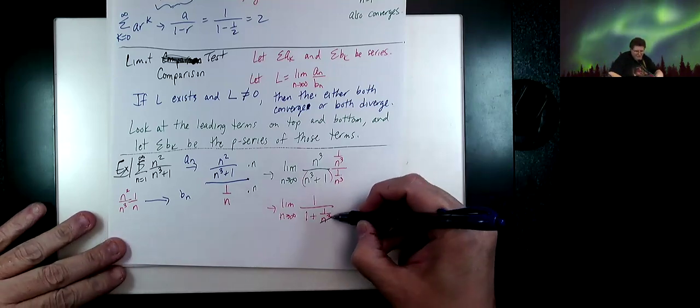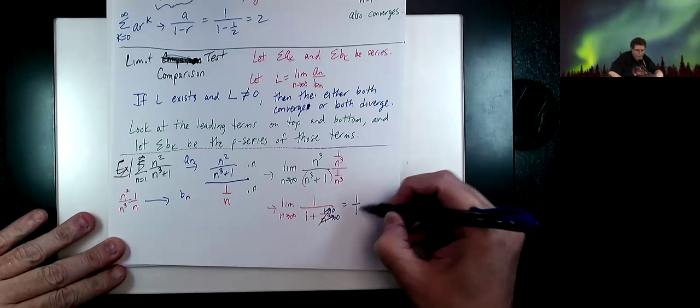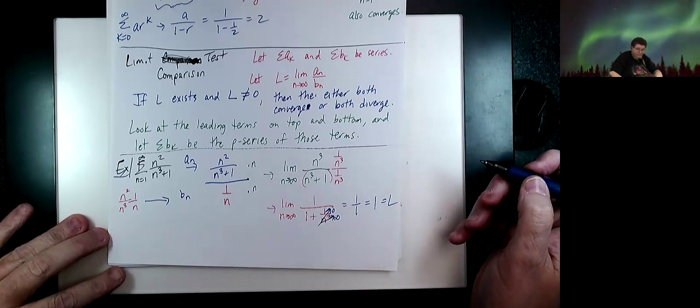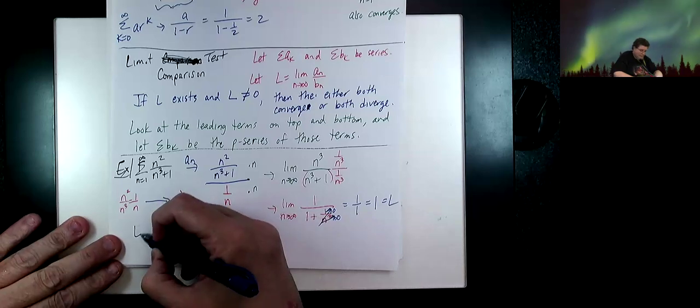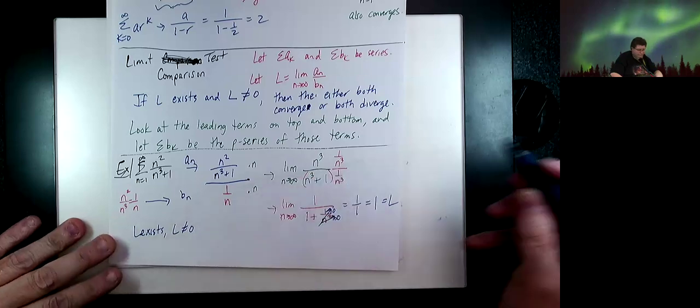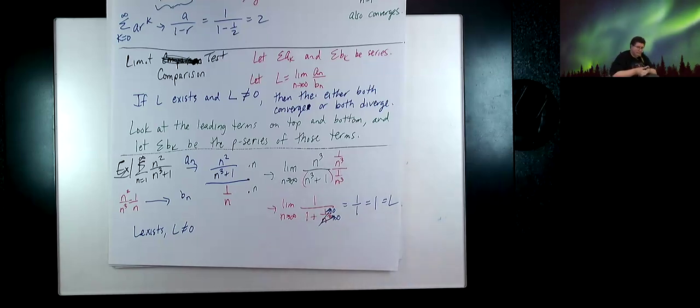As this goes to infinity, this goes to 0, and we get 1 over 1, which is 1, and that's my L. L exists. L doesn't equal 0. So that either both converge or both diverge.